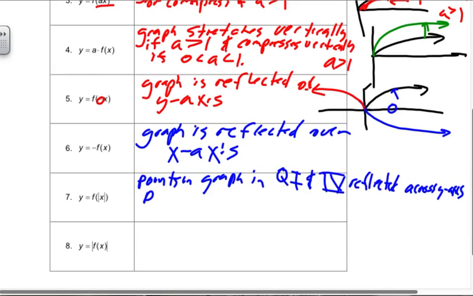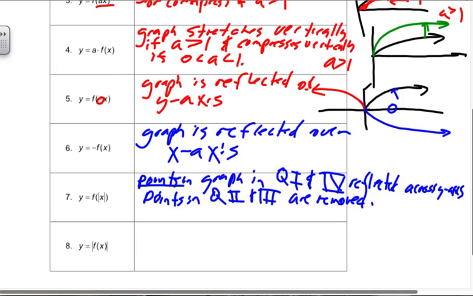And here they're returned to points in your parent. Points in quadrants 2 and 3 are removed. In other words, they're not there anymore. And this is when the absolute value is on the inside.